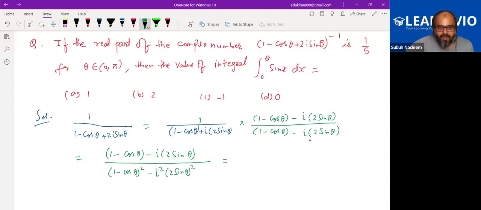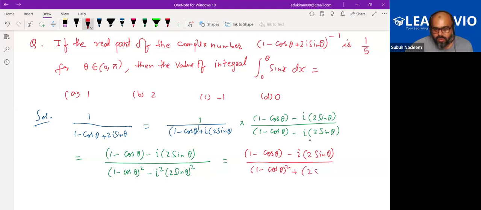So this is what will happen, a square minus b square. So this is (1 − cos θ − 2i sin θ) upon (1 − cos θ)², and i² is −1, so this will be plus (2 sin θ)². So this is what we are getting.